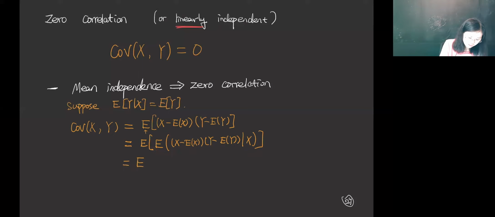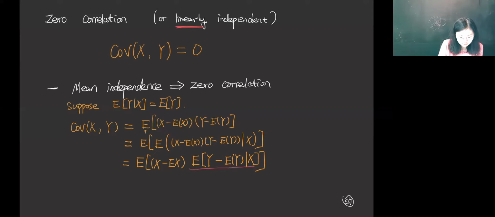So we just do that. And we are left with E of y minus E of y given x. Now, we look at this conditional expectation we're left with.